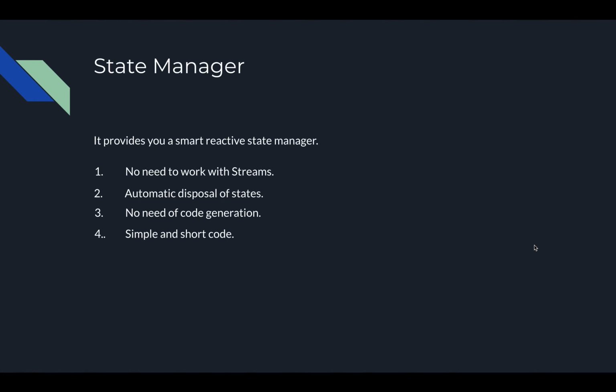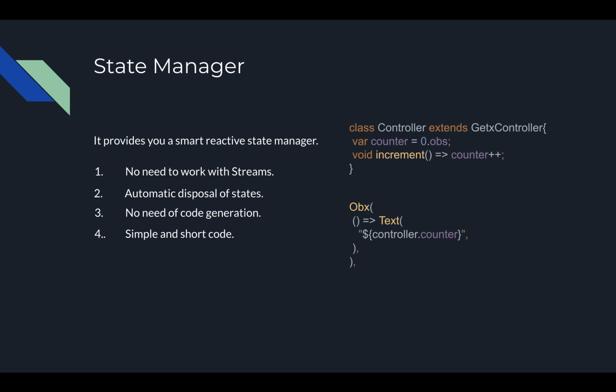Now just to give you a rough idea of how simple and cool it is, you can see this example. Although it's not a complete example, it will give you a little idea how this works. You can see we have an observable variable, and for making it observable, we don't have to do anything fancy. We just need to write .obs and that's it. And we have an increment function, which is changing the value of the counter variable, which is an observable variable.